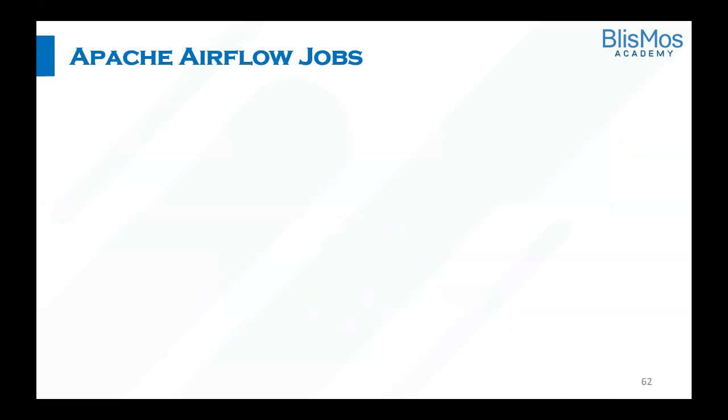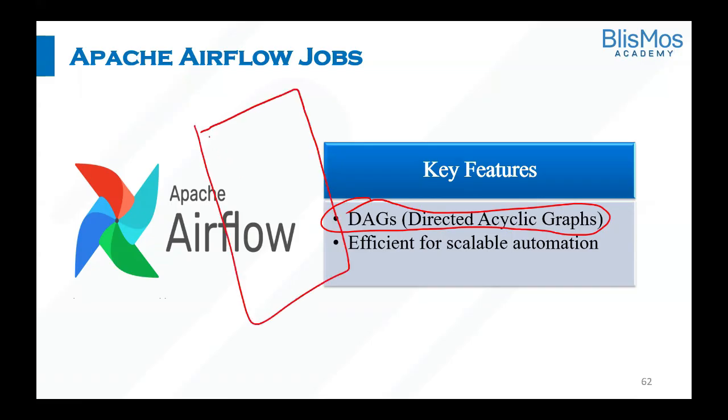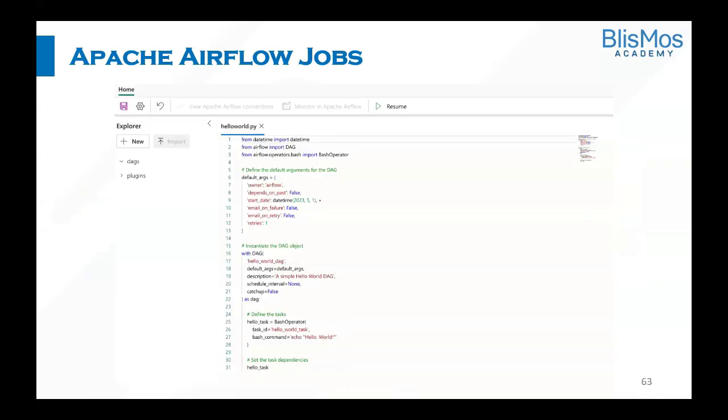There is a concept called DAG. DAG is nothing but a directed acyclic graph. It is a very complex terminology for a simple thing. You will have some kind of code, within which you write to control the activities, what should happen. Anyway, we'll see that as a part of the hands-on. This will help us automate things.